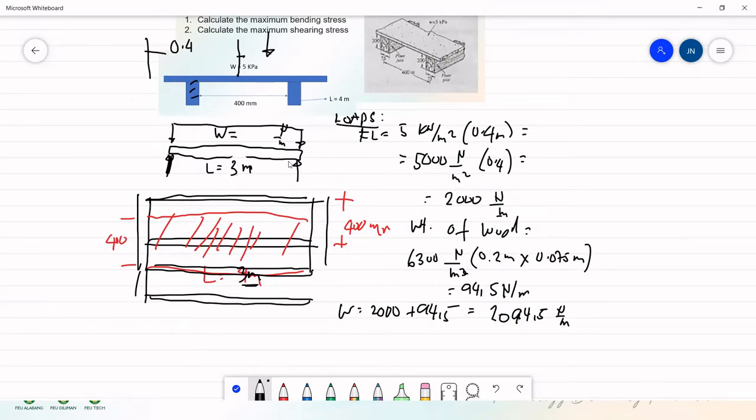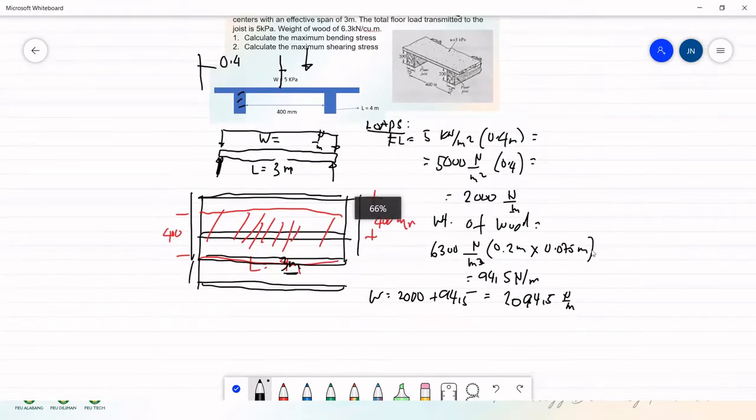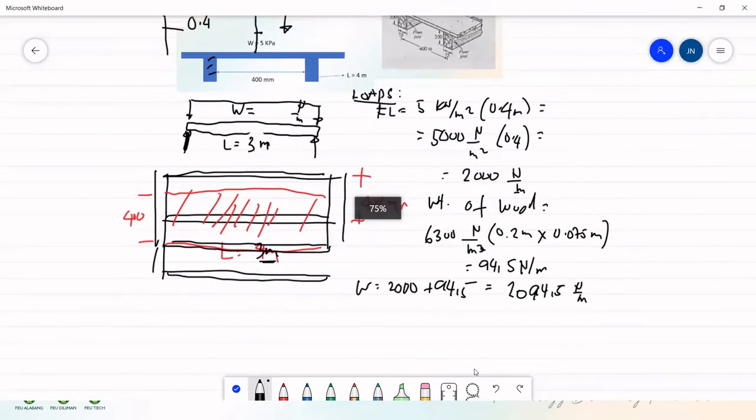So we have already W. Pagka meron na tayong W, madali na siyang ma-compute. What is our moment? The formula actually is just equal to FB. Since this one is rectangular section, we can use 6M over BD squared. Madali lang naman to eh. Okay? But first, let us compute moment.